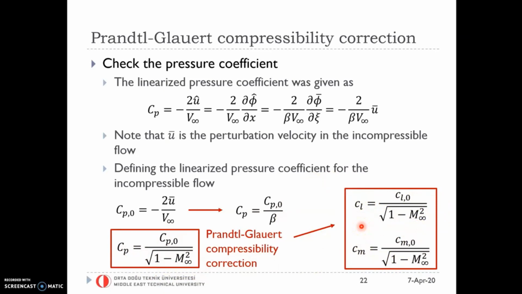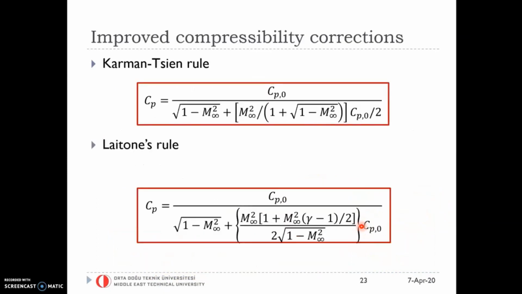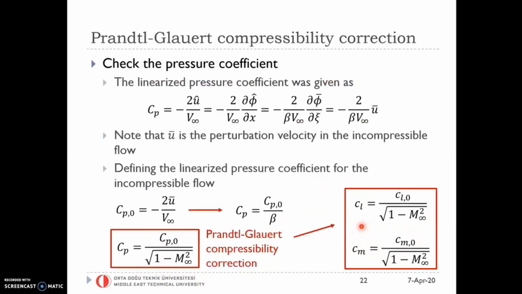Okay, now we have this compressibility correction, which is actually quite simple to use. However, you should keep in mind that it's only valid for thin airfoils at small angle of attack, because we had the assumption that the perturbations have to be small, and it's only valid for subsonic flow and particularly for Mach numbers smaller than 0.7.